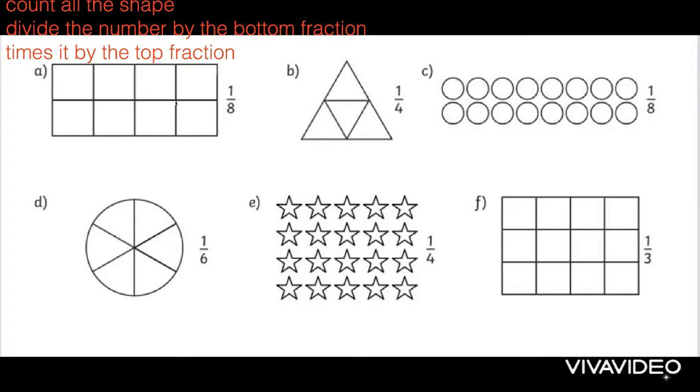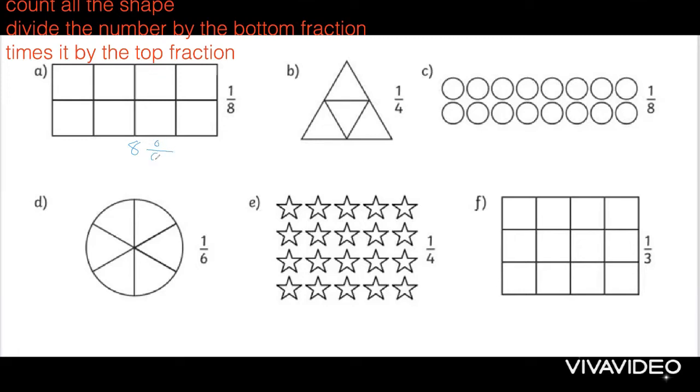For example, in this one, there are squares, so we need to count all the squares. So we have 1, 2, 3, 4, 5, 6, 7, 8. So we have 8 shapes. Okay, and then what we do is divide the number by the bottom of the fraction, which is 8.